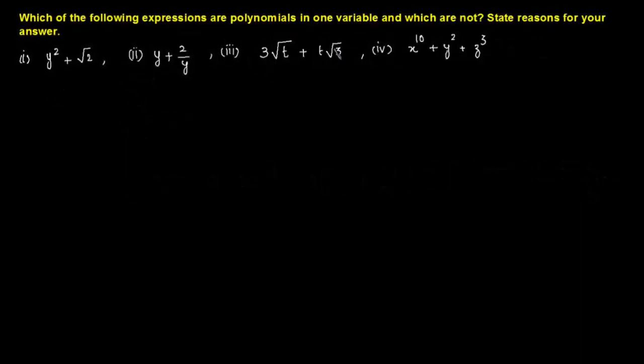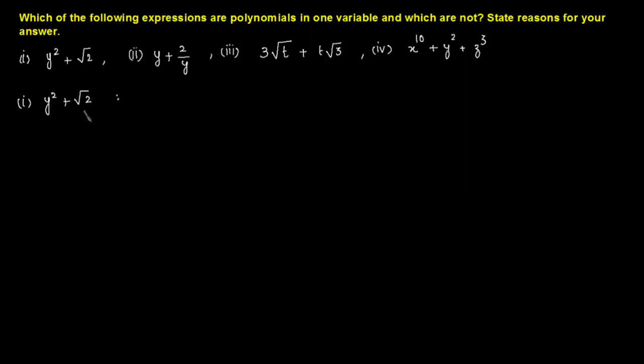Now let's do a few problems in polynomials. Which of the following expressions are polynomials in one variable and which are not? State reasons for your answer. So the first question that is given is y square plus root 2, and we are supposed to check if this algebraic expression is a polynomial or not.